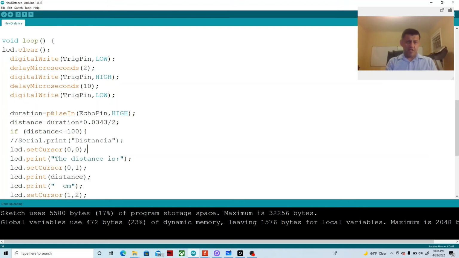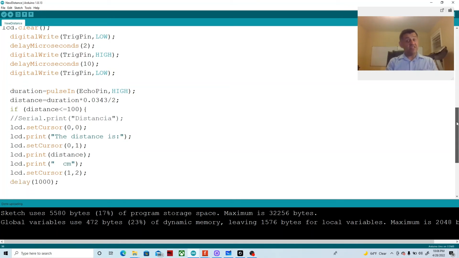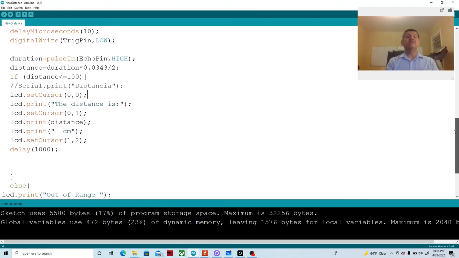But anyway, then we do this, right? So then we actually print the distance in the LCD. So we do LCD print distance, right? Remember a few days ago, I did a video on the structures that take the dot operator.